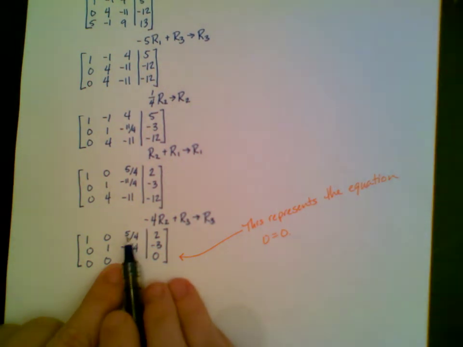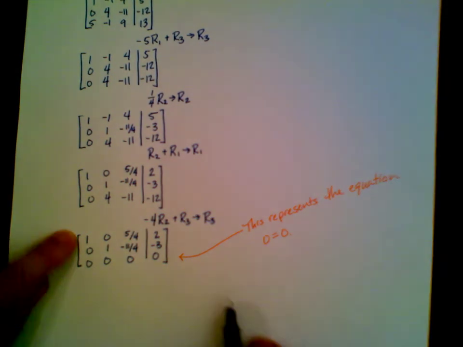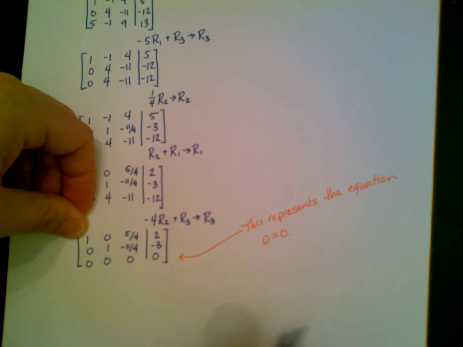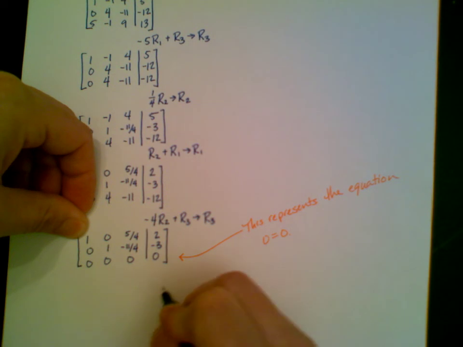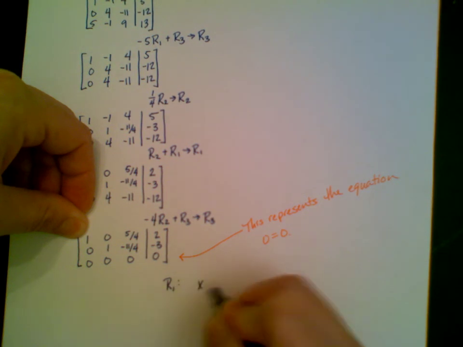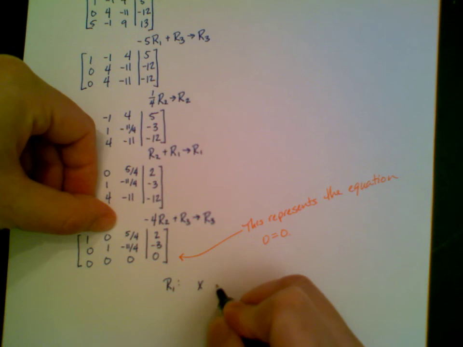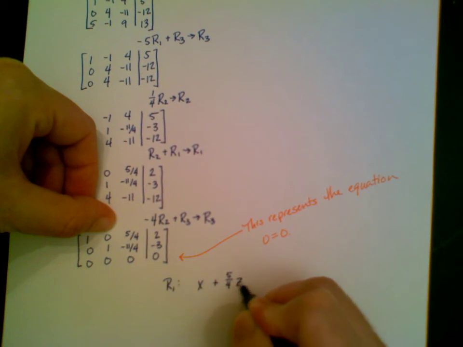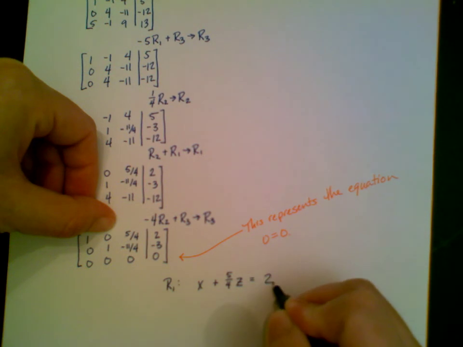So now let's translate these rows back into equations. Row 1 will give me x plus 0y, so I'll just ignore that, plus 5 fourths z equals 2.